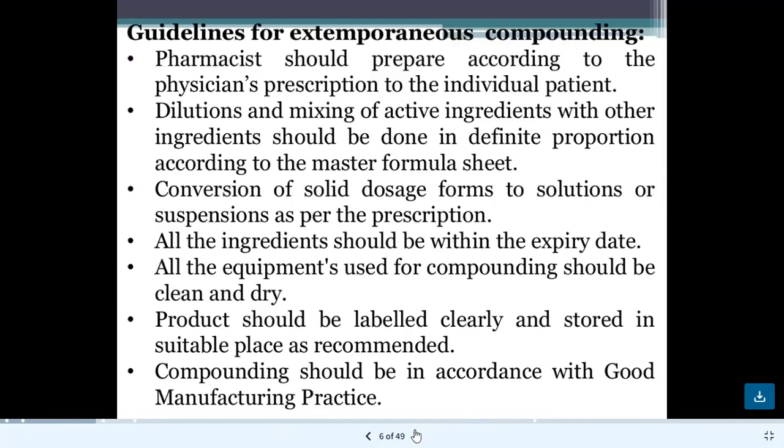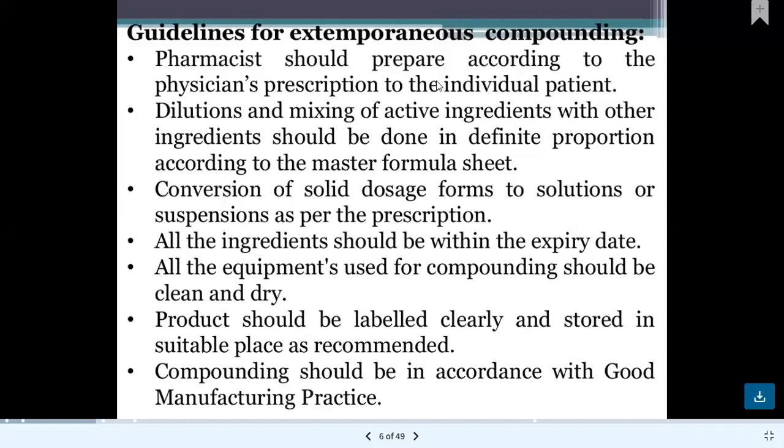Guidelines for extemporaneous compounding. Pharmacists should provide medicine according to the physician's prescription to the individual patient. Dilution and mixing of active ingredients with other ingredients should be done in definite proportion according to master formula sheet.